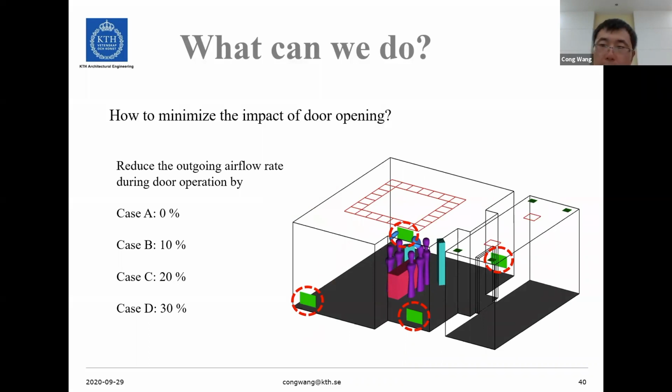In case C, we reduce it by 20%. In case D, we reduce the outgoing airflow rate by 30%. In reality, this can be implemented by either using a variable speed fan, or we can use some dampers at the exhaust vent here.